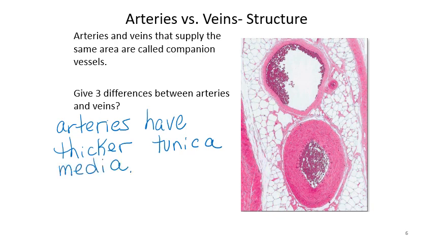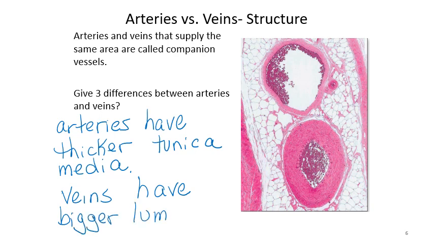Veins have a bigger lumen. And veins have valves.